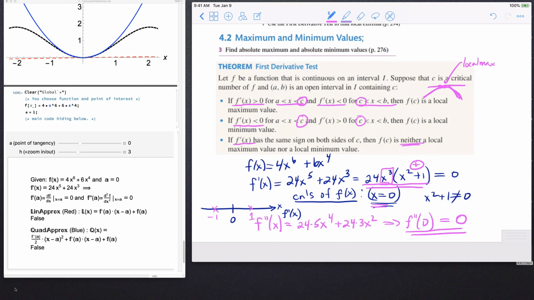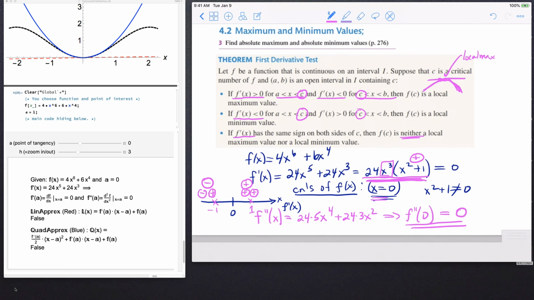When you put in -1 to x cubed, you get a negative number, and a negative number times a positive number is in fact a negative number. When you put in 1, you get a positive number times a positive number for the derivative here, and therefore you will get a positive number.